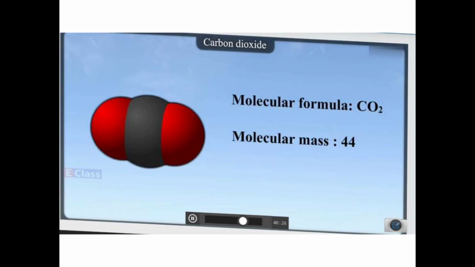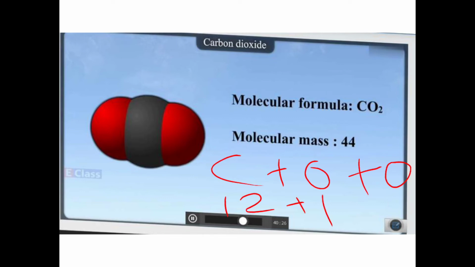So the molecular formula of carbon dioxide is CO2, and the molecular mass you can calculate: C plus O plus O, that is 12 plus 16 plus 16. So 12 plus 16 plus 16 is 44. So the molecular mass of carbon dioxide is 44.